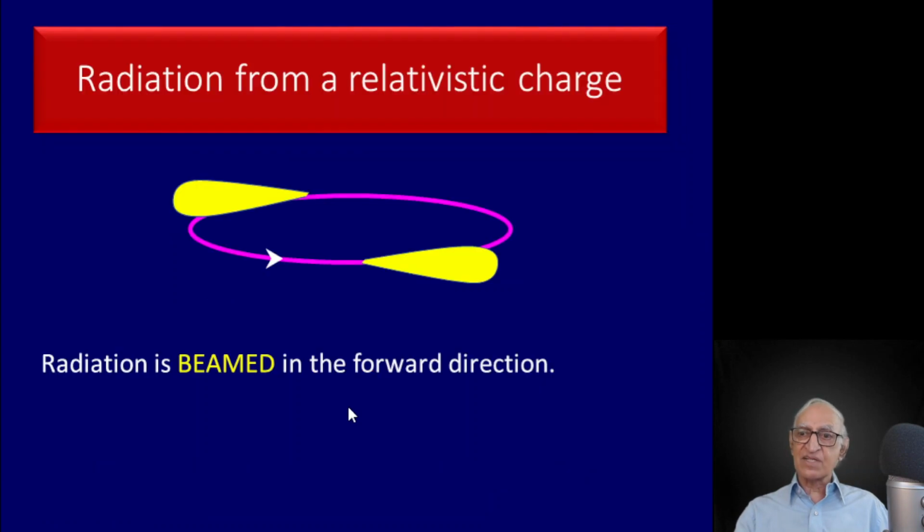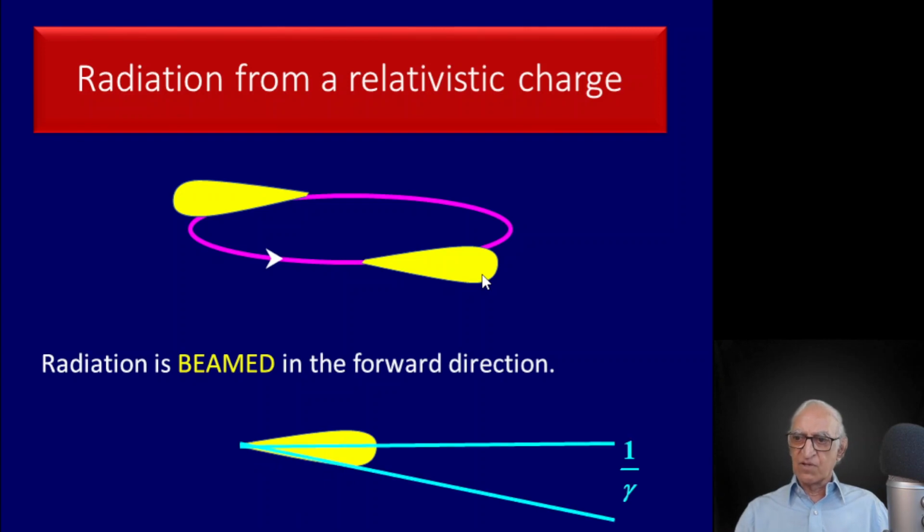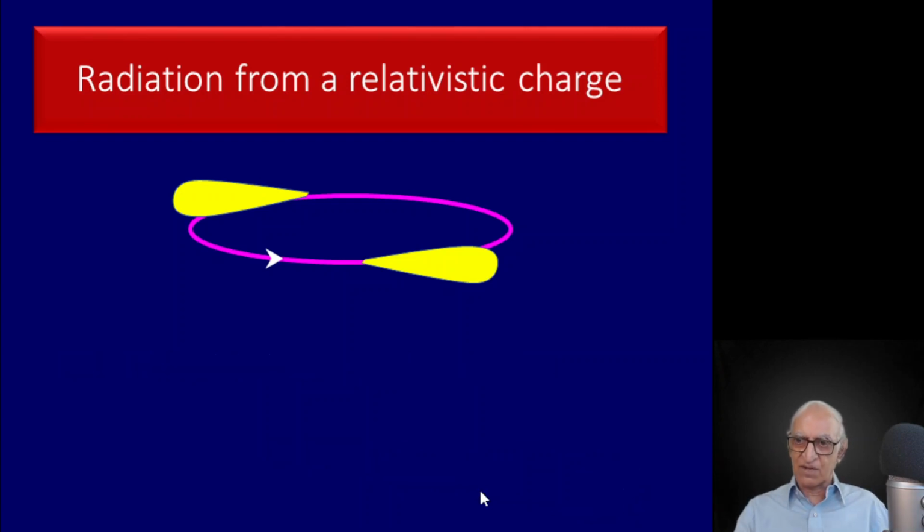But if the charge is relativistic, then the radiation will be highly beamed in the forward direction because of special relativistic aberration, and the width of this cone will be proportional to 1 over gamma. Since the Lorentz factor gamma is very large for a relativistic particle, the cone will be extremely narrow.